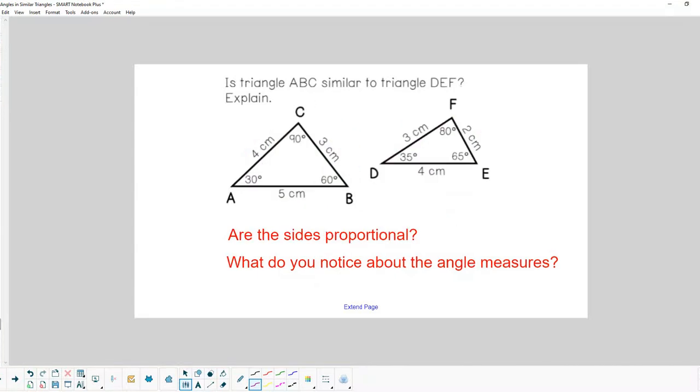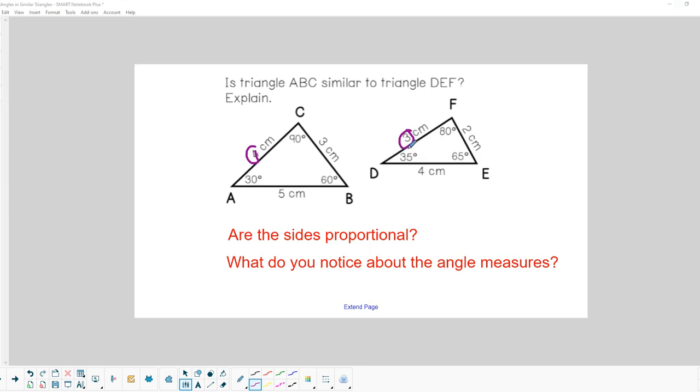Okay, how about these? Are these sides proportional? So we got 4 here, 3 here. So what would be the ratio if we were to divide that? Well, if we get a calculator, I'm going to do 4 divided by 3, and I get 1.333, or 1 1/3.